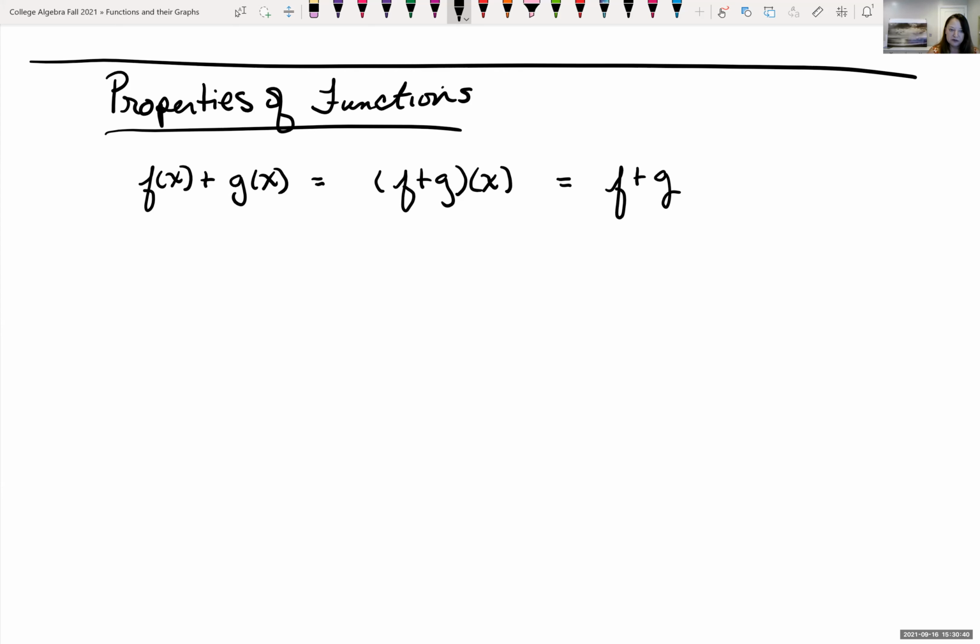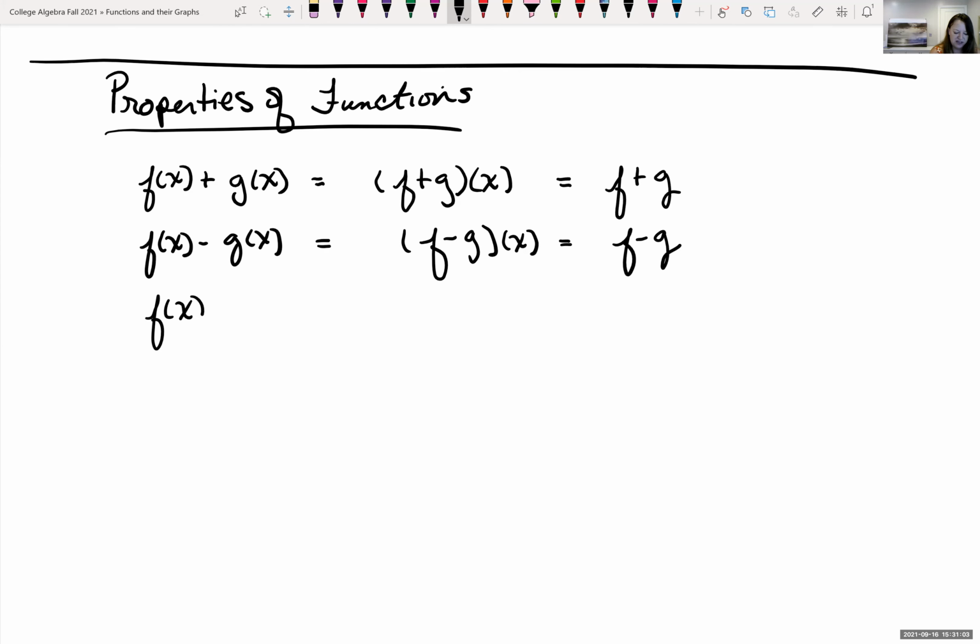Same thing if there was subtraction. So if we wanted to take some f of x minus g of x, this can be written as (f - g)(x), or f minus g.